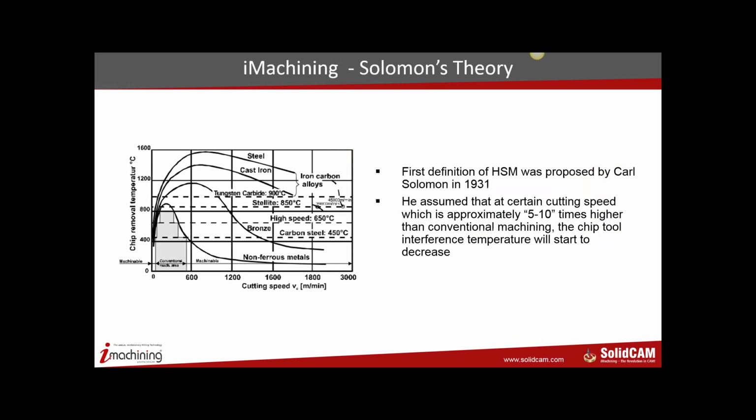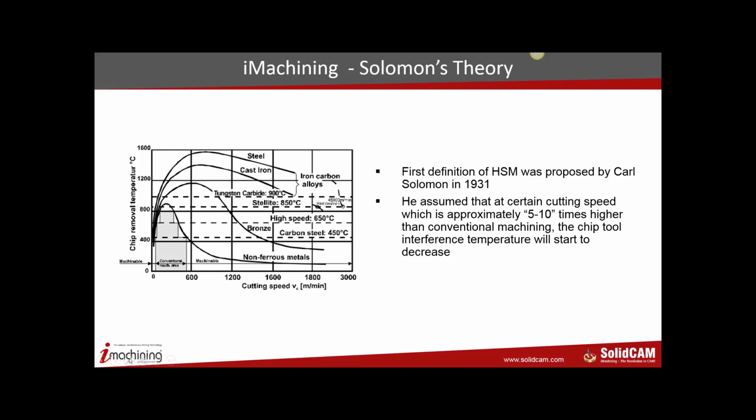That's because of this unique person called Carl Solomon. We follow his theory to the core, which is also called Solomon's curve for high-speed machining. This was developed in 1931 when there were no CNC machines really existing. So the concept of HSM actually goes back to 1931.